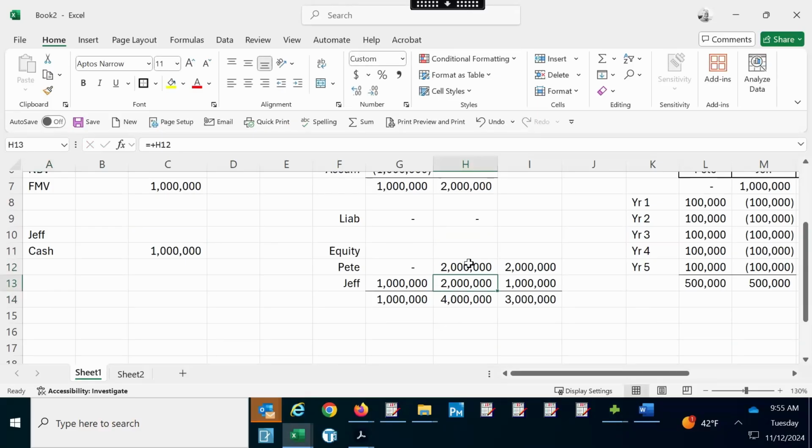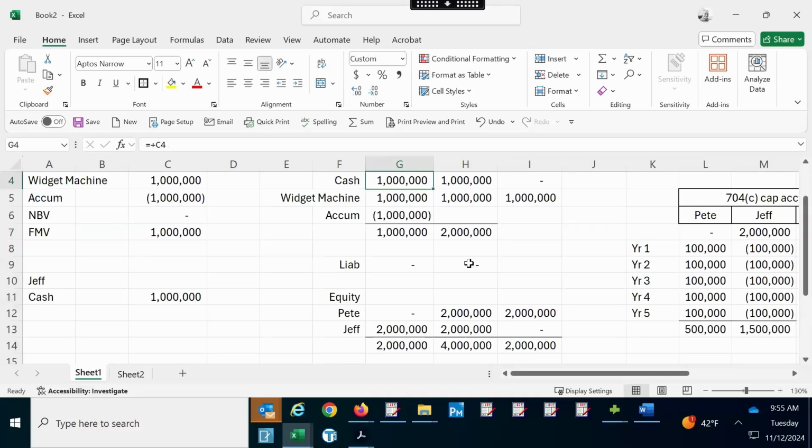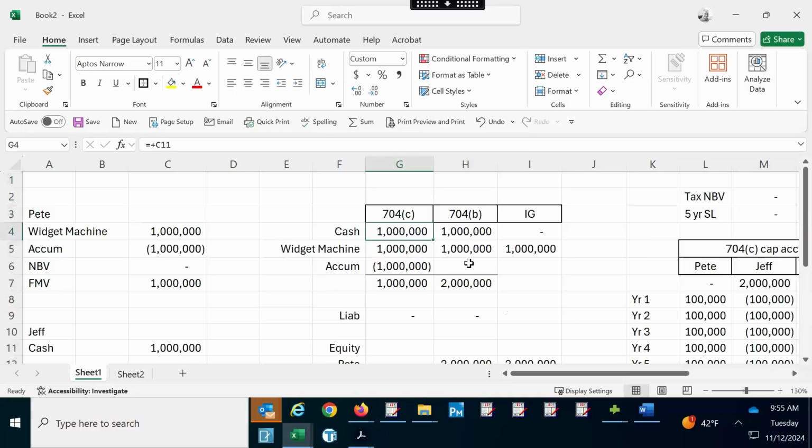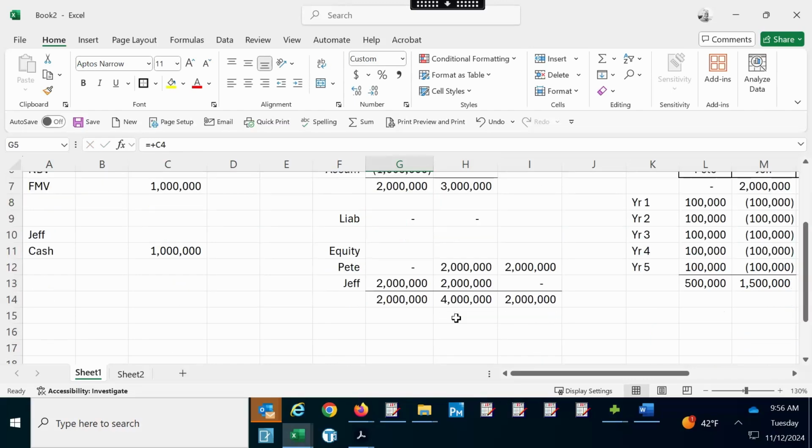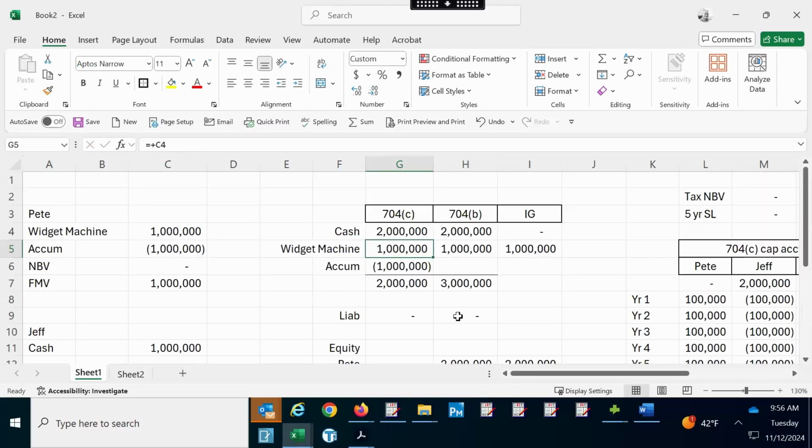Okay? So Jeff's contributing us $2 million in cash. But the machine is still worth $1 million. Are we in balance on the 704B side?